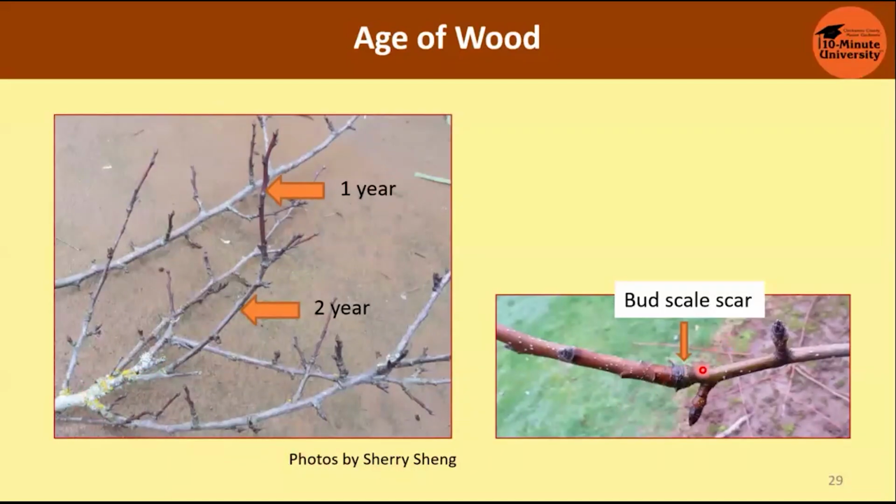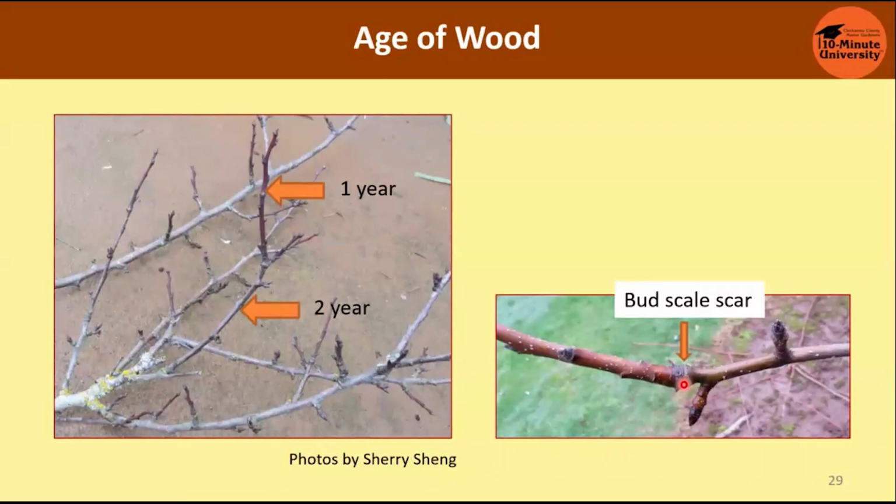And I want to point out something called bud scale scar. Bud scales are like little blankets that are wrapped around your terminal bud to protect it in the cold. When growth begins, the scales fall off, leaving these scars. And that's a very useful telltale in aging the wood.